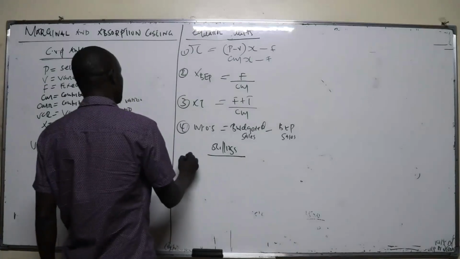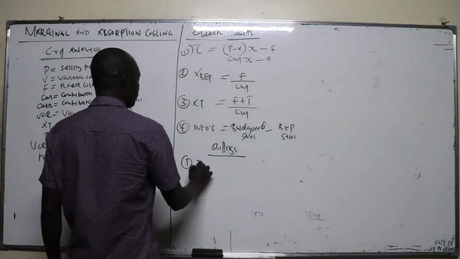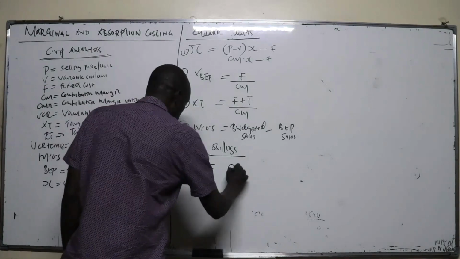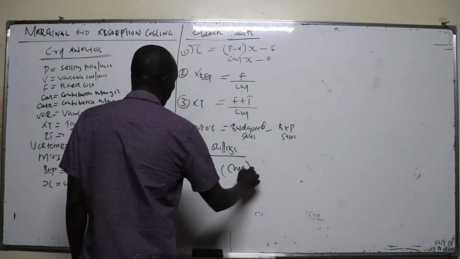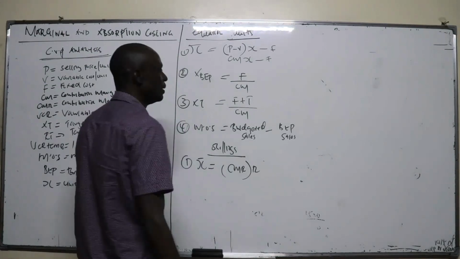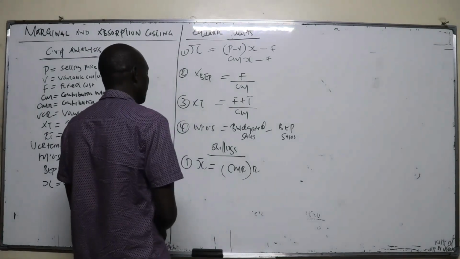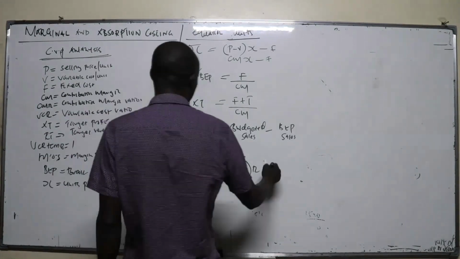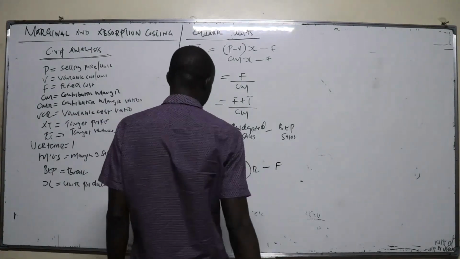So number 1 is the profit. The profit here is the contribution margin ratio, CMR, multiplied by revenue, then you minus fixed cost.